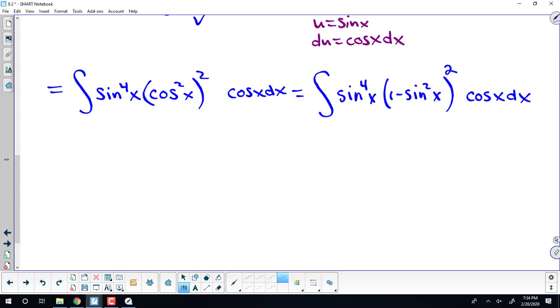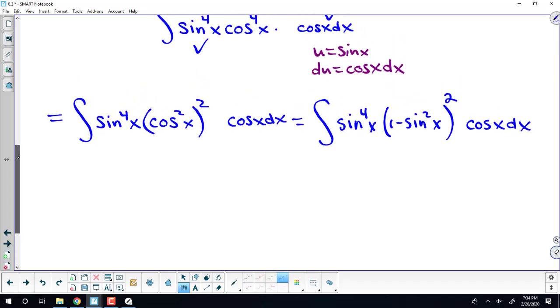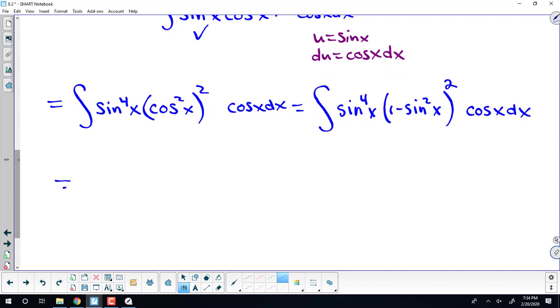Okay. So then what do we have? We've got our sine to the fourth, that's u to the fourth. We've got our 1 minus sine squared, times cosine x dx was our du. Does that look okay?